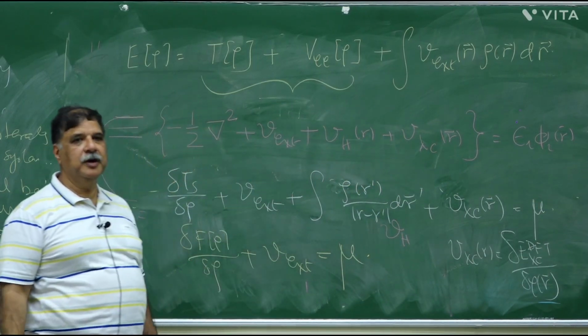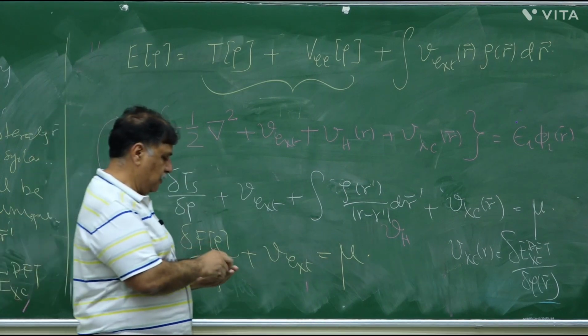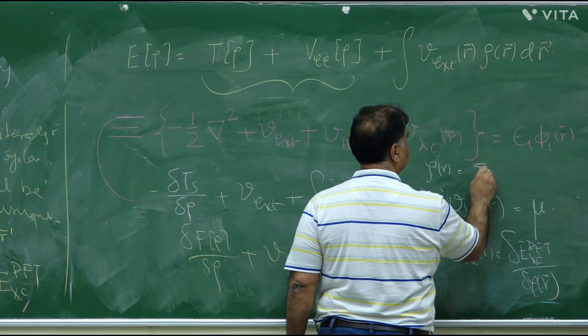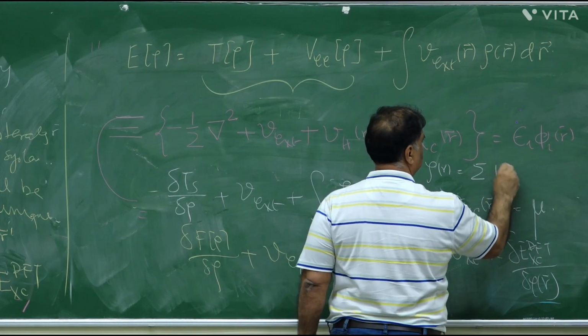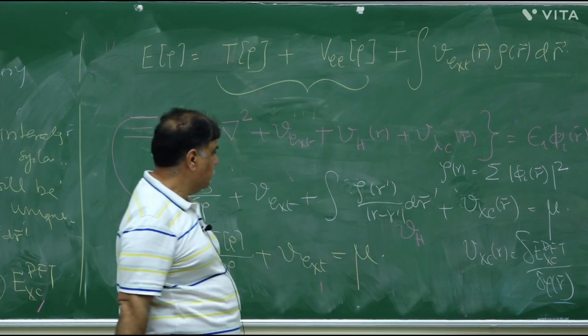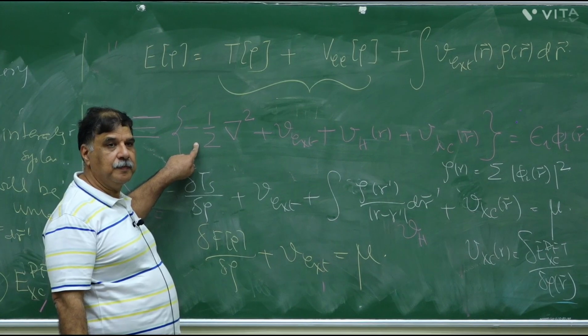These two are equivalent. Remember earlier I was going from the Schrodinger equation to this, now I'm going from here to there. And this gives me the density rho(r) equal to the summation of |phi_i(r)| squared. Here I was getting the density directly, now I'm getting it through this equation.